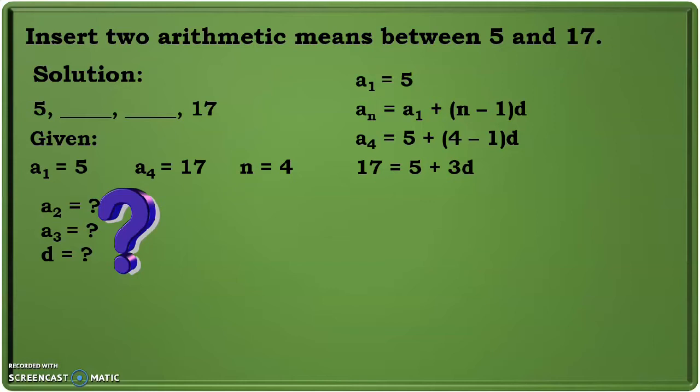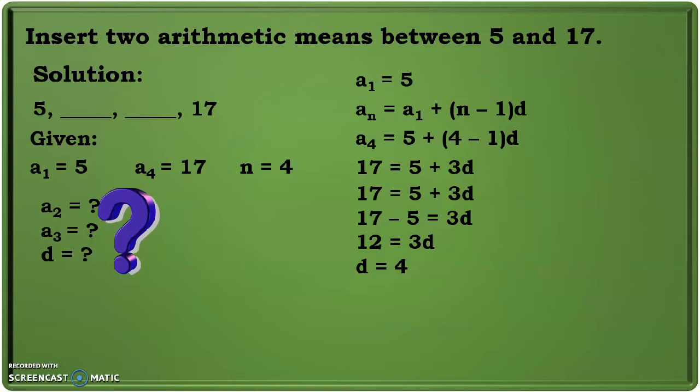Then simplify by transposing 5 to the left. That is 17 minus 5 equals 3d. Then find d. So 17 minus 5 equals 12. Divide both sides by 3. Then d is equal to 4.